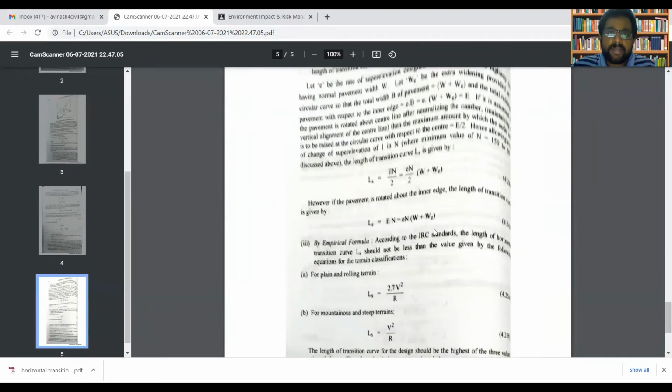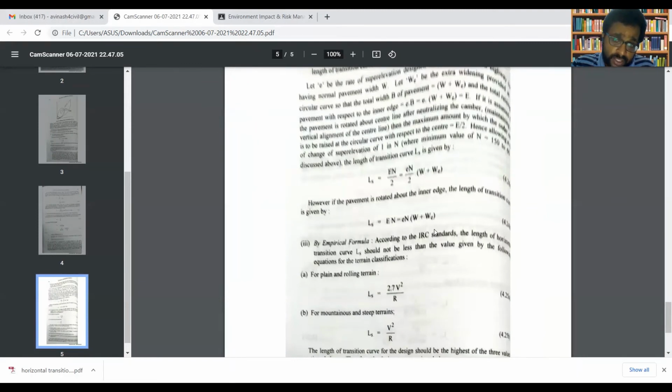Another method by which the length of transition curve can be found is by using an empirical formula. So the first method was by considering the rate of change of centrifugal acceleration, the second method is by the rate of change of super elevation, and the third method is by considering the empirical formula. This empirical formula will be applied to different terrains.